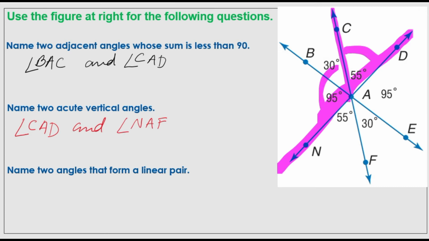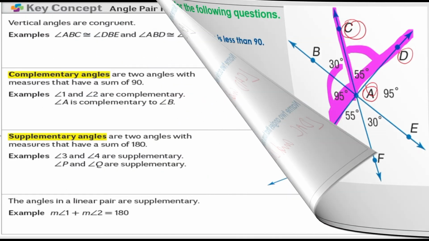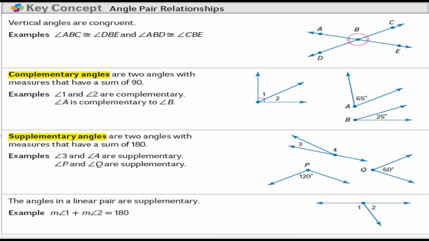Just name them. Their names are angle DAC, and the second angle, with A as the vertex, is angle NAC.